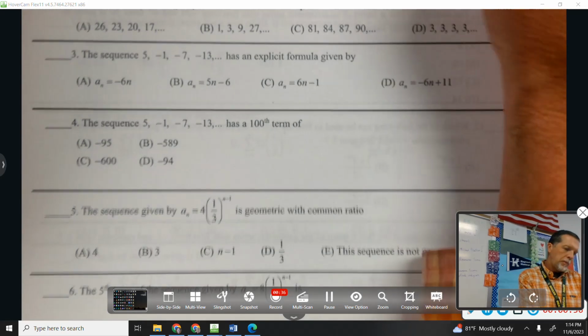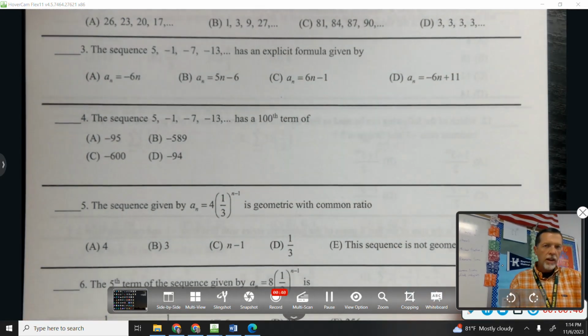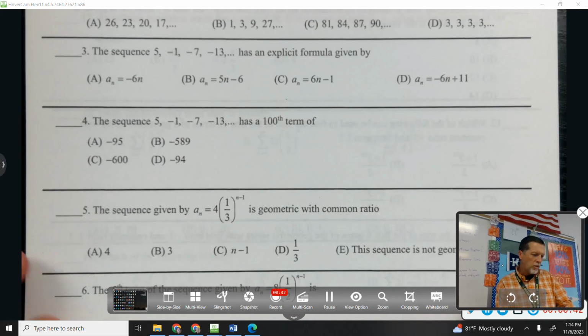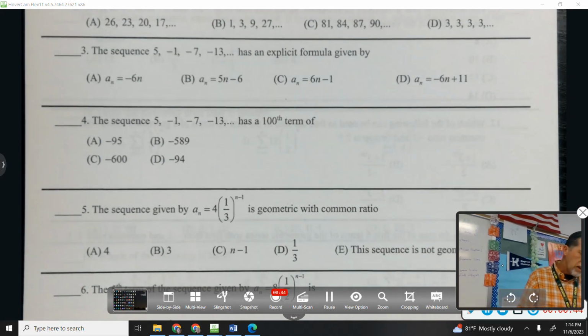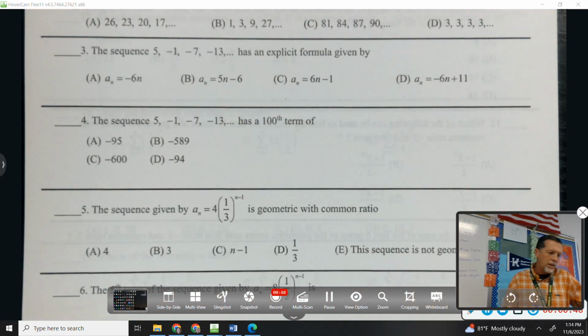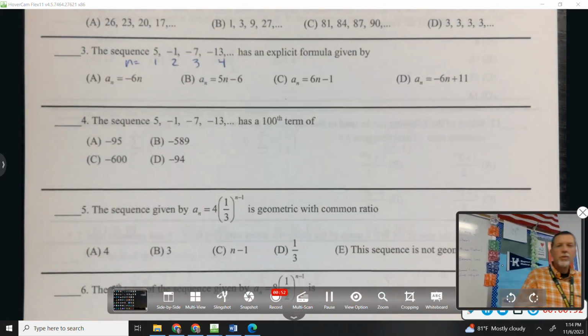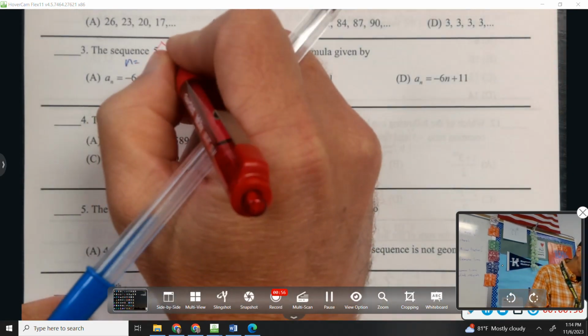Number 3. The sequence 5, -1, -7, -13 has an explicit formula given by, well, it's multiple choice, so I could just plug in n equals 1 and 2 and 3 and 4 and see which one matches. But I'm going to build it on my own here.